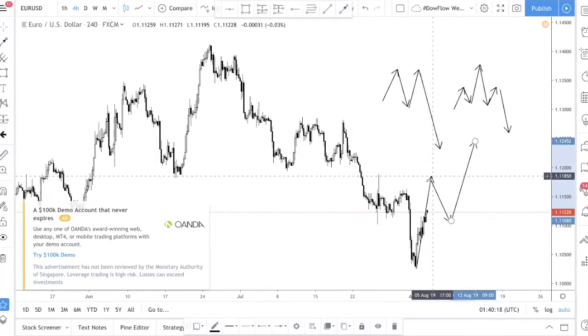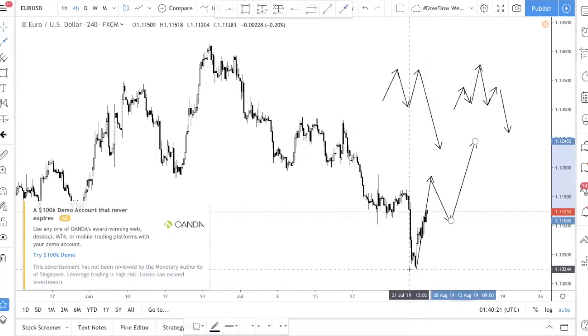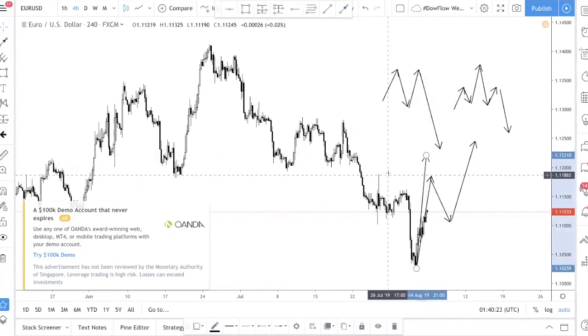Otherwise, the other sign that would be better would be if price closes above this spike high, 1.1190. A close above would mean that the downtrend has ended, because the structure is broken.